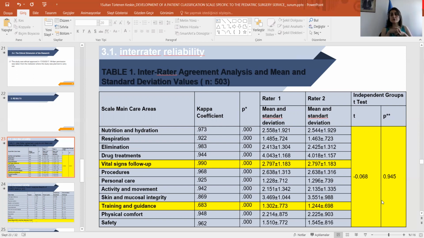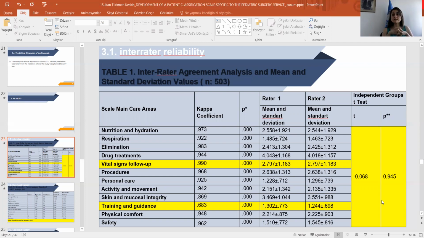In the literature, similar to the results of the study, inter-rater agreement related to physical care areas such as restoration, treatments, and vital signs was higher compared to training, guidance, coordination, and emotional support, which are more abstract and require individual decision-making.